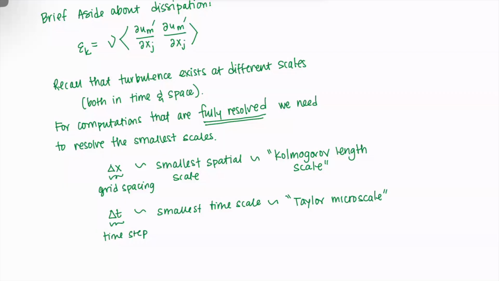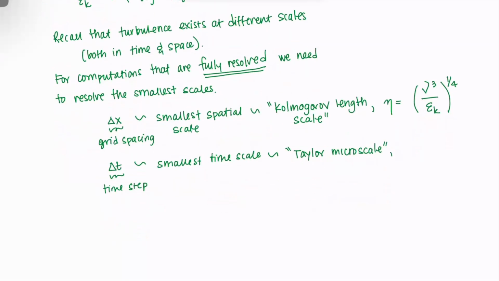Okay, and those are defined as the following. Our Kolmogorov length scale is given the symbol eta, and it is equal to the viscosity cubed over the viscous dissipation to the 1/4. And then our microscale is given the symbol tau sub eta.